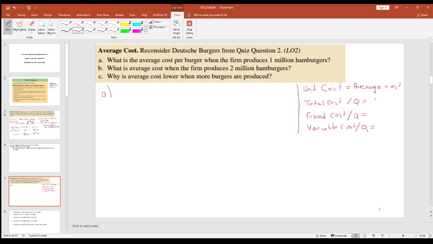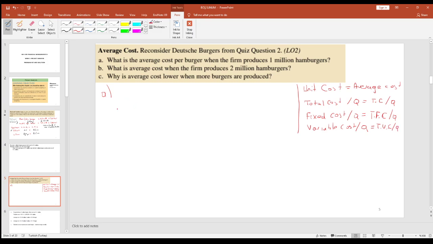Okay, so in a short form, here is total cost divided by Q, total fixed cost divided by Q, and total variable cost divided by Q.